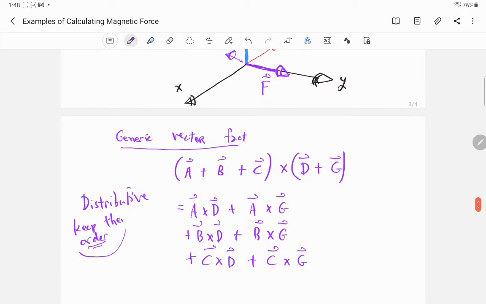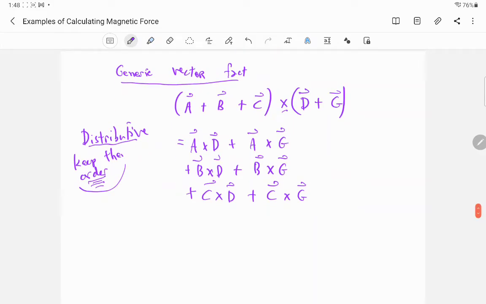And you can do the distributive property with the cross product and vectors, but you must keep the order, or else you'll start getting the wrong signs, right? And in this case, you could imagine, what if you wanted to calculate F equals Q V cross B, but V was actually a multidimensional vector.